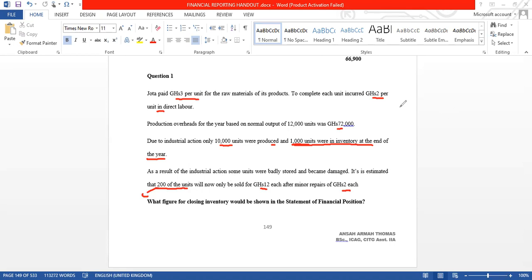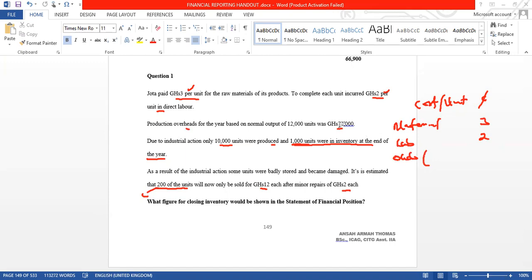Now, what is the cost of the material? We need to know the cost per unit. Remember, we said we have materials, which cost 3. Then we have labor. The labor is said to cost 2. In cost of production, these overheads are also absorbed in here.